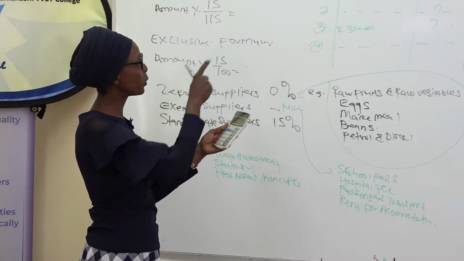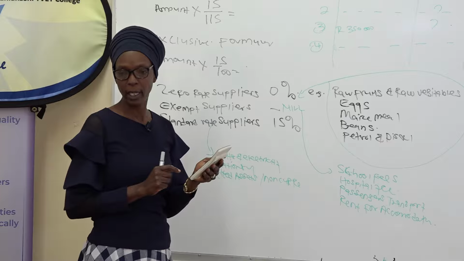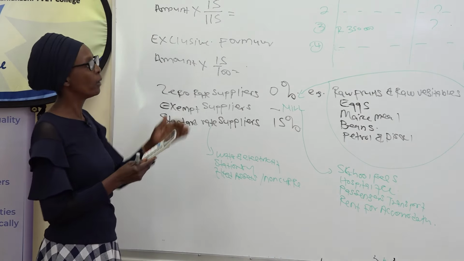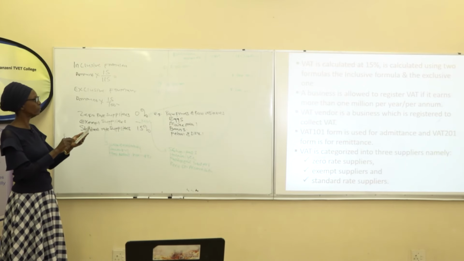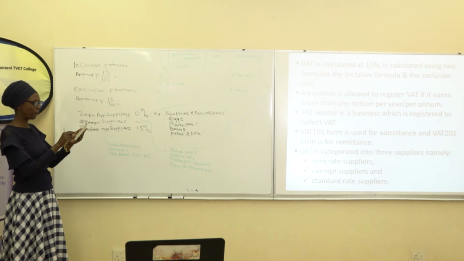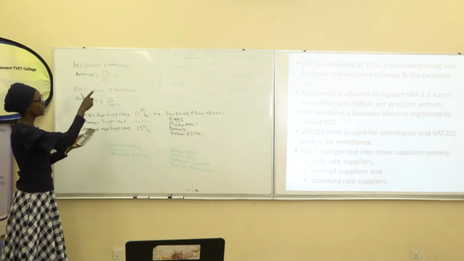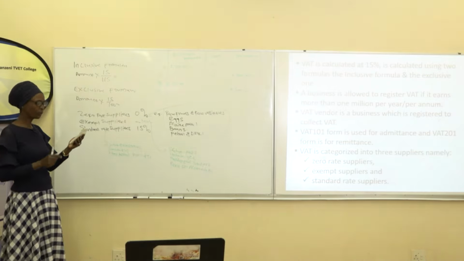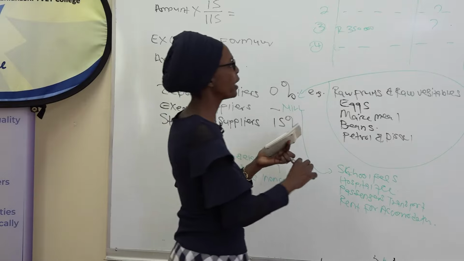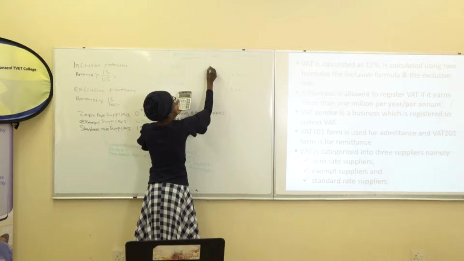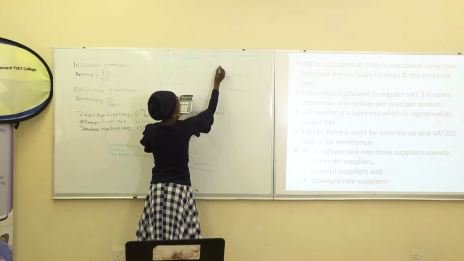Okay. Then let's take our calculator. Firstly, 20,000 is VAT exclusive. We have to apply the relevant formula. We have to say 20,000 multiplied by 15 divided by 100, because the 20,000 is VAT exclusive. Then it gave us the VAT of 3,000.